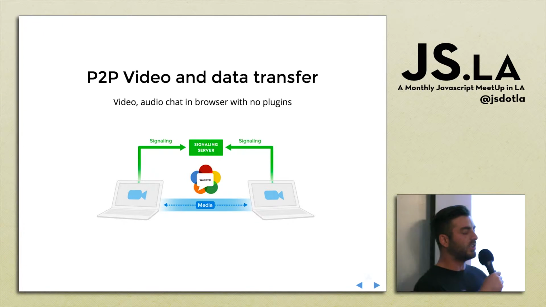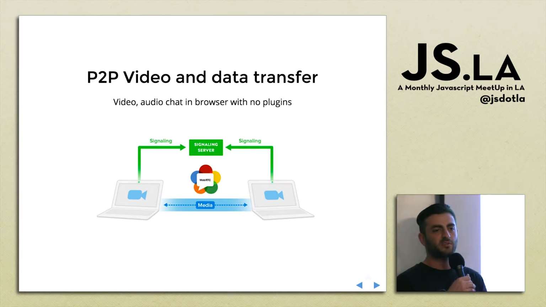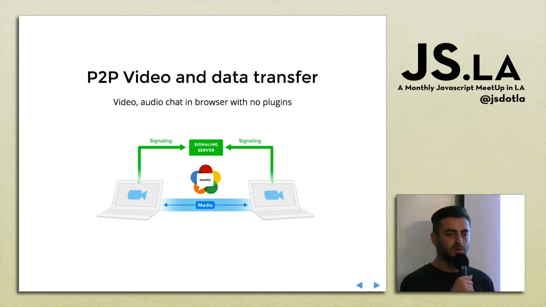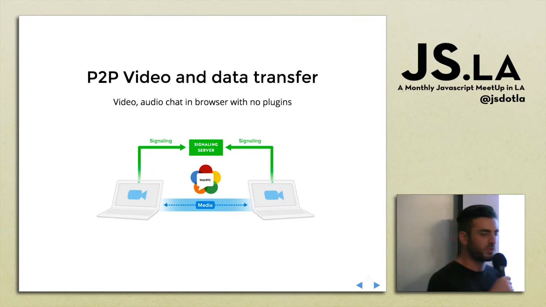Initially, you will need a signaling server to pass information between the two browsers to tell them things like what is my public IP and how can you reach me. And both of these browsers get this information, and once they input that into the APIs, then they become directly connected, and you can start transferring video and audio between them.